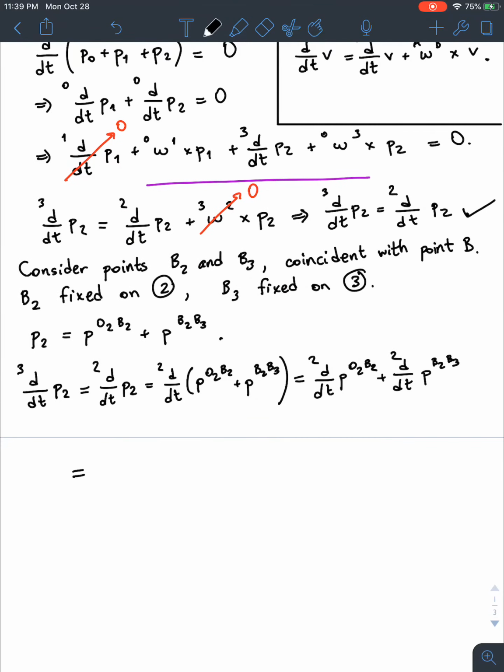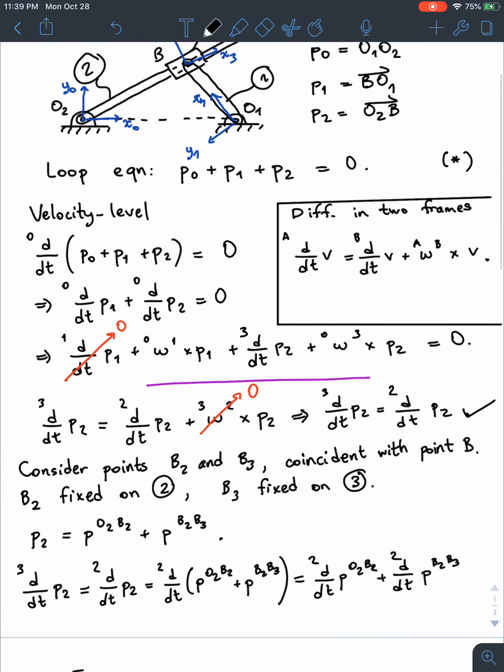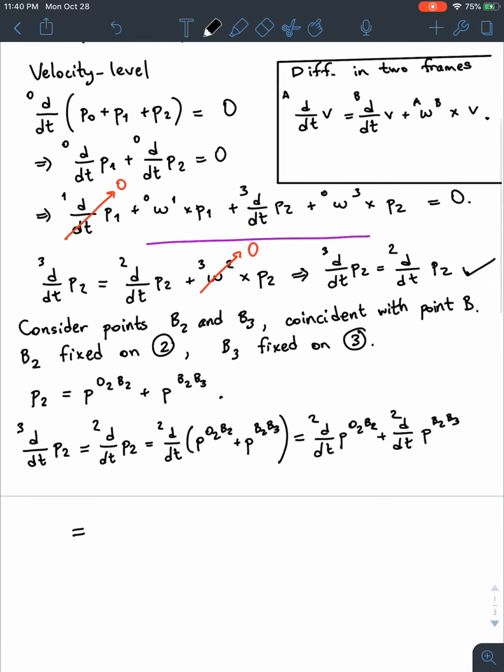But notice that both point O2 and point B2 are fixed on the second frame, right? Which means that the derivative of the position vector that goes from O2 to B2 is 0.